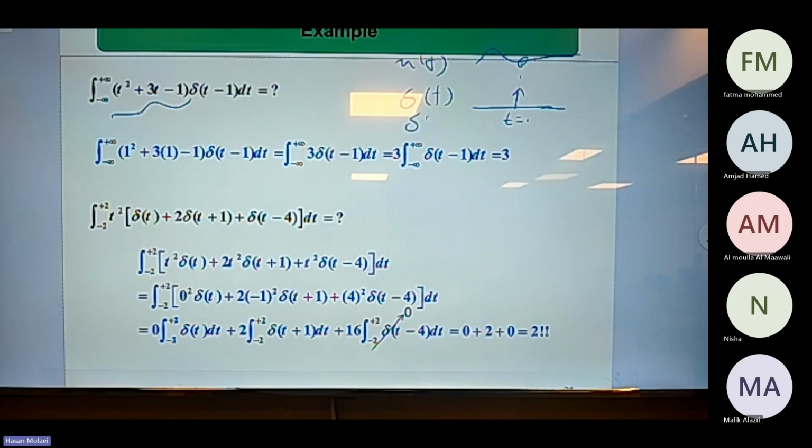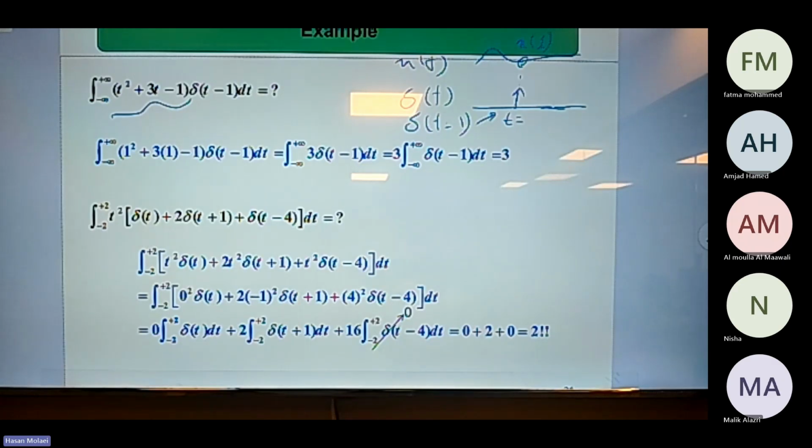When delta is delta(t minus 1), which means it occurs at t equal 1. So I need to find x at t equal 1. Yeah, I need to find x(1).